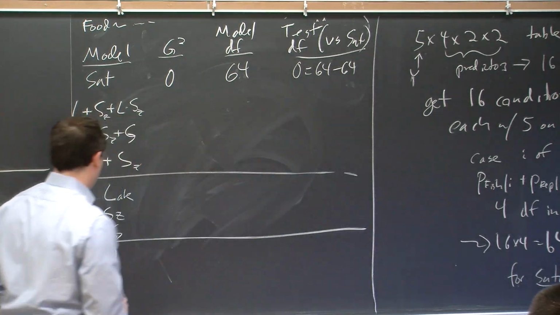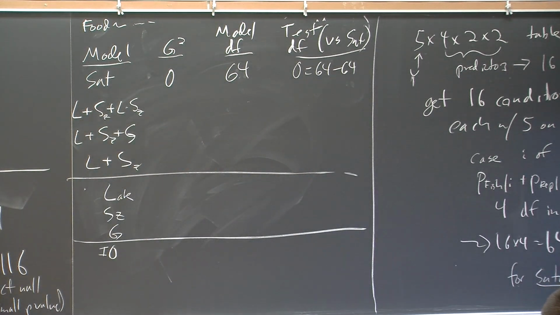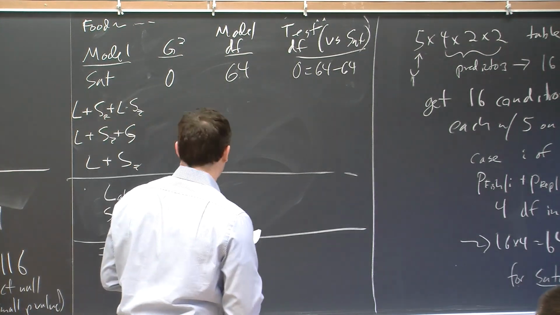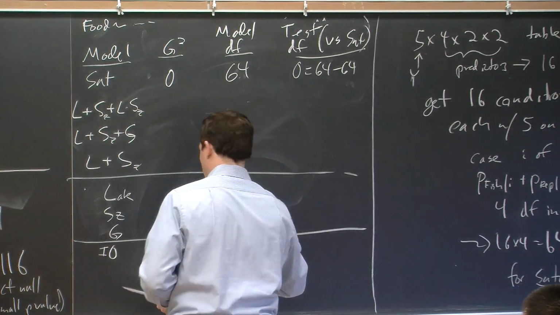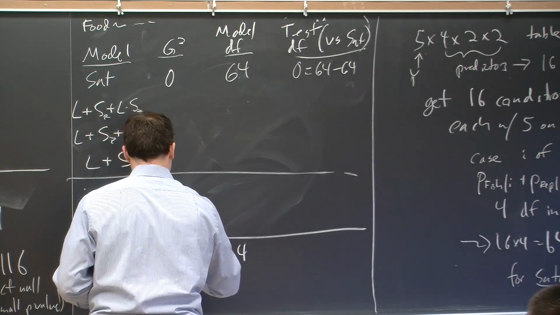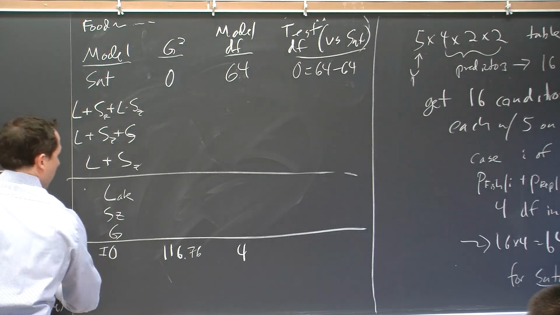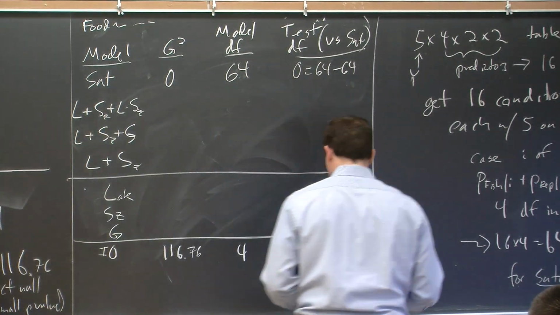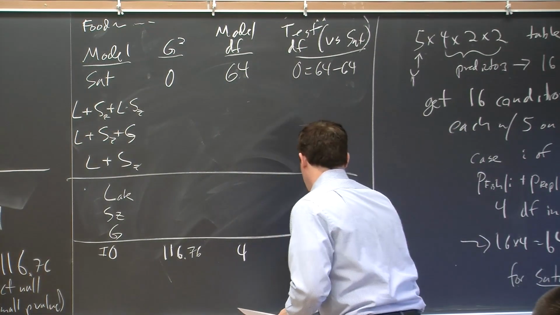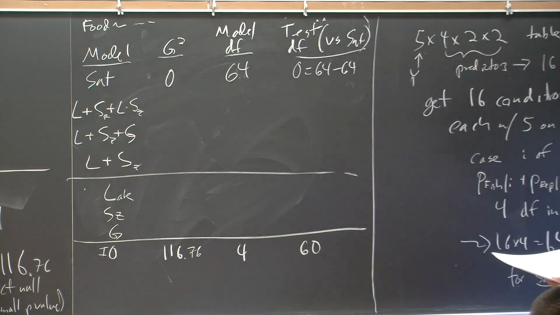Okay, let's start at the bottom. Intercept only. How many degrees of freedom? 4. And the G squared I said was 116.76. What's the test degrees of freedom? 60.